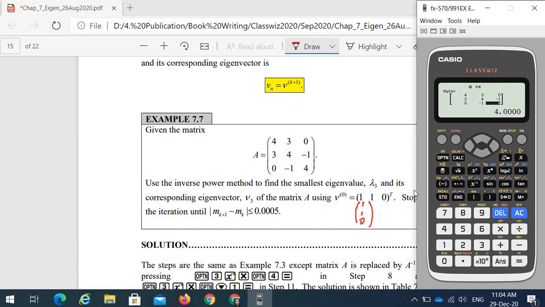Okay, now what we want to find is the smallest eigenvalue using the inverse method. So we need to find A inverse.